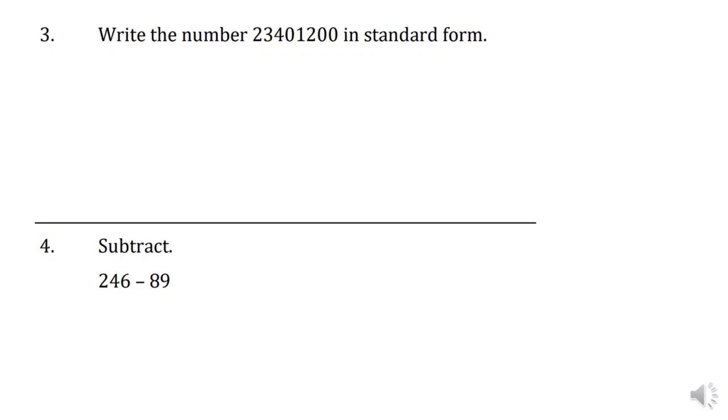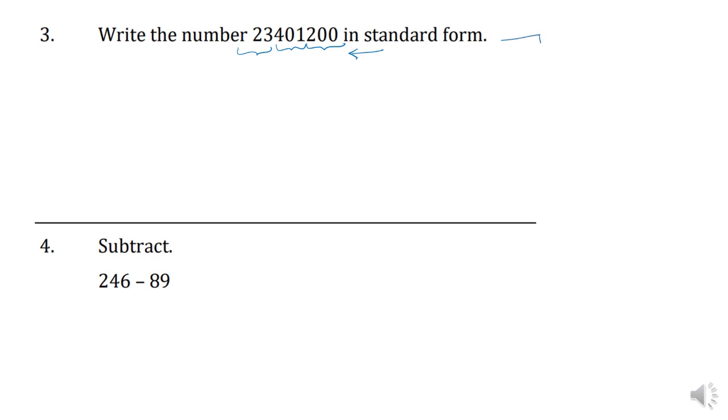Write the number in the standard form, this number. So when you have this kind of number, you have to divide this number into the periods. That means one single period has 3 digits. So you have to start from the right side, and divide this into the required periods.